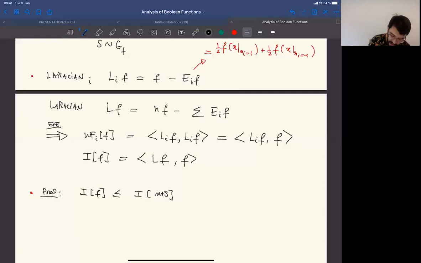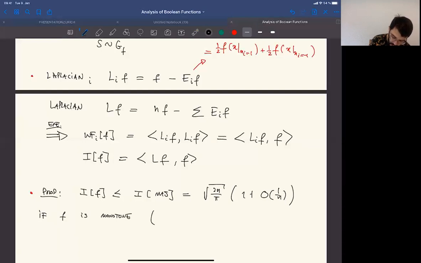We'll define what majority is. And this is about square root of 2n over pi, 1 plus O of 1 over n. This happens if f is monotone.